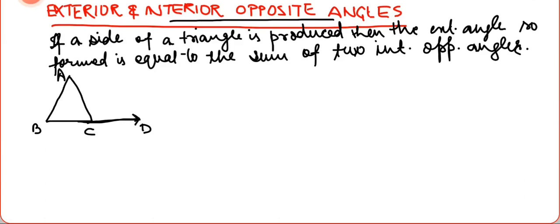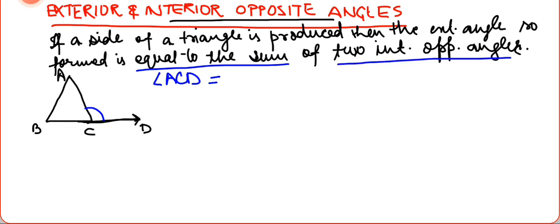This statement says that in any triangle, if we produce any side, let us consider here we have a triangle ABC and we have produced BC up to D. So in this case the exterior angle ACD is equal to the sum of the two interior opposite angles.